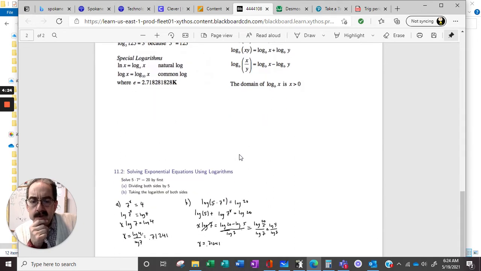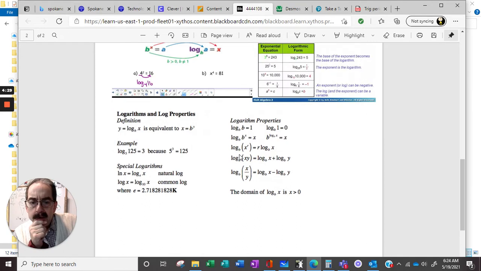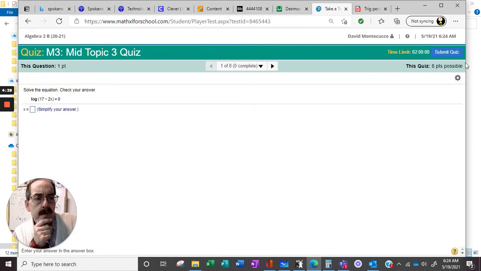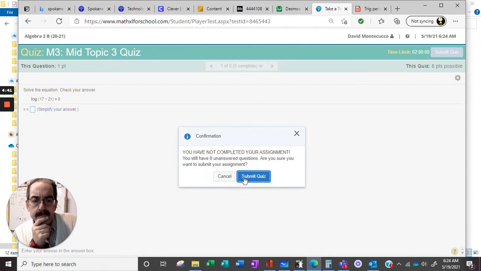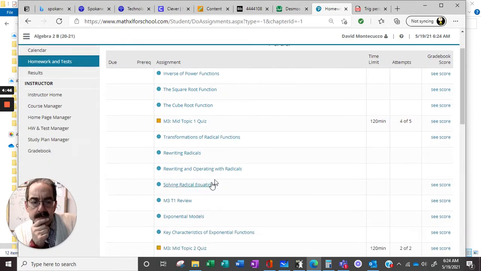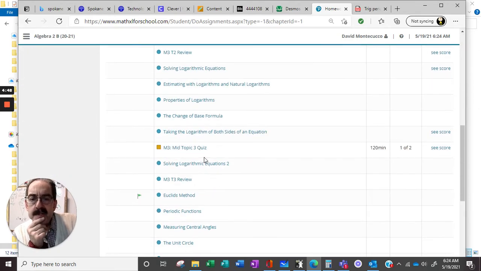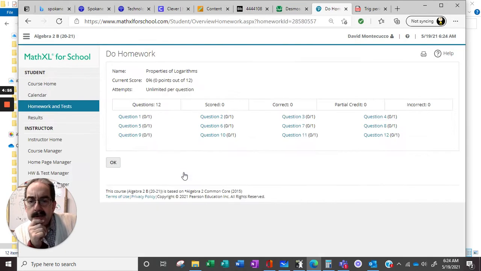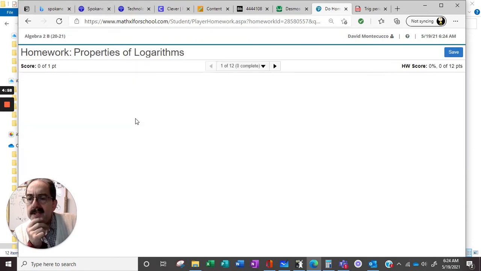I did not give you a cheat sheet for this, did I? Okay, so let's go out of here and we'll go back. I didn't give you a cheat sheet for those, did I? Okay, so we just tried this one, properties of logarithms. Let's try one of these.